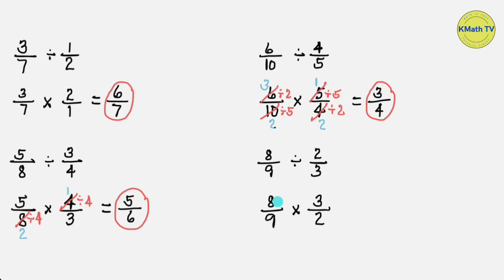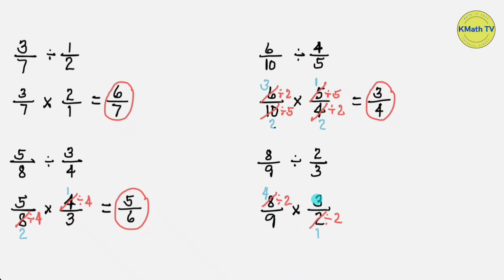Okay, let's divide 8 and 2 by their GCF 2 and cancel them. Okay, divide. 8 divided by 2 equals 4. 2 divided by 2 equals 1. Okay, let's cancel also 9 and 3.